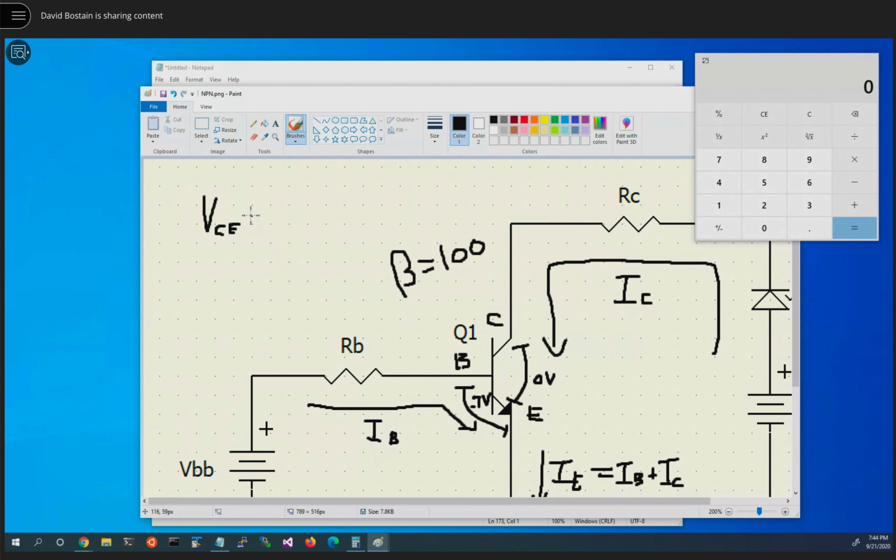So VCE, for design purposes, we can assume it to be 0 volts across the transistor if the transistor is fully on. So fully on and saturated.